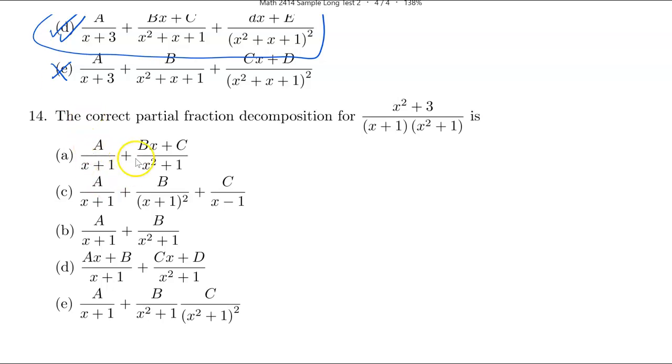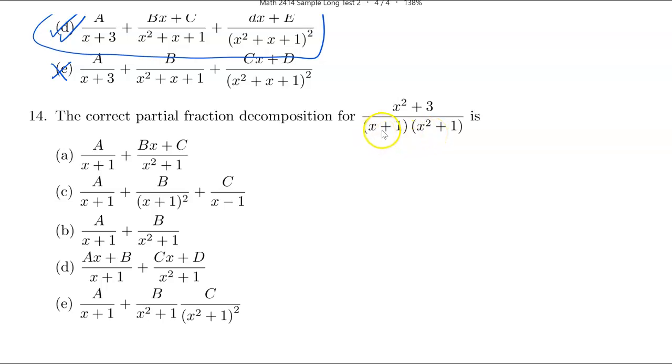Okay, number 14. Partial fraction decomposition for this. Again, double check. The degree in the numerator is 2. Degree in the denominator is 3. We're good. The degree in the numerator is less than that of the denominator, so we go ahead and decompose this.